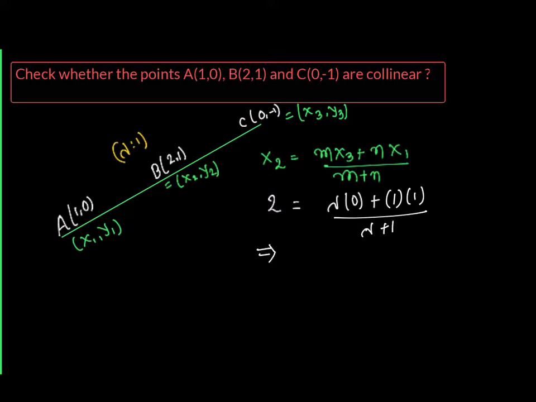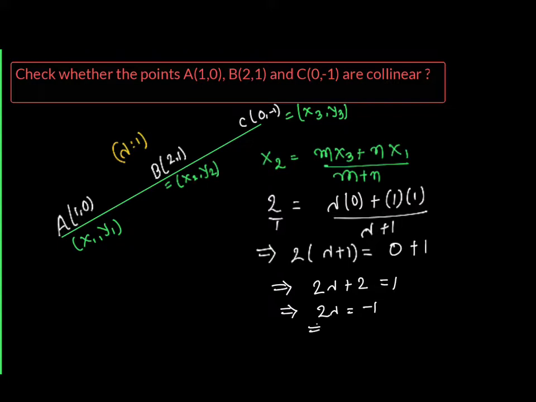Cross multiplying, 2 times (lambda plus 1) equals lambda into 0, which is 0, plus 1. So 2 lambda plus 2 equals 1, and I get 2 lambda equals minus 1. From here lambda equals minus 1 by 2.